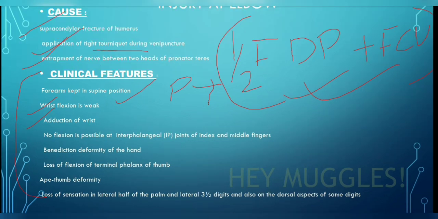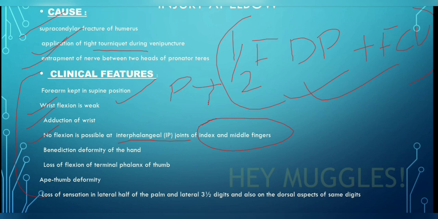Then there would be no flexion possible at interphalangeal joints of index and middle finger. It means the index and middle finger would lie straight. There would be no flexion possible at IP joints of your index and middle finger.